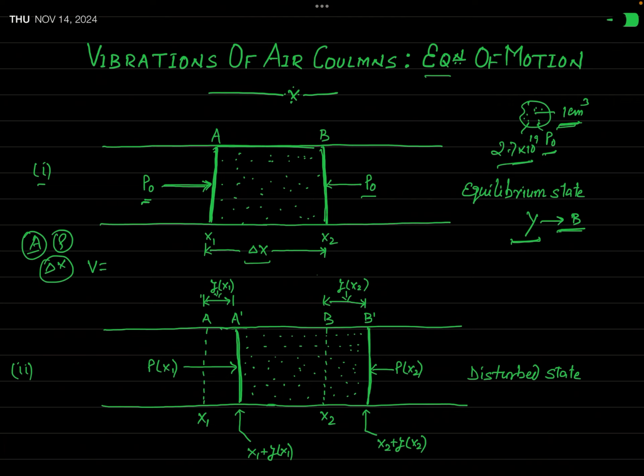We have assumed that the area of cross section of this cylinder is A, and the length of this column AB in the undisturbed state is delta x. So the volume of the element in the undisturbed state will be V equals A times delta x.